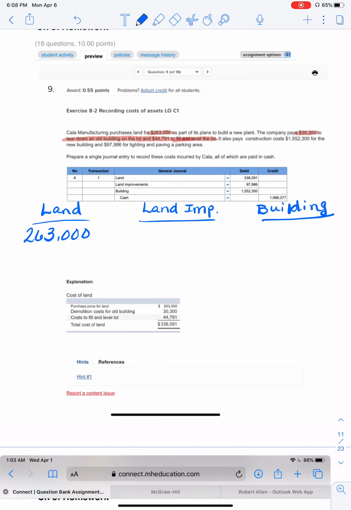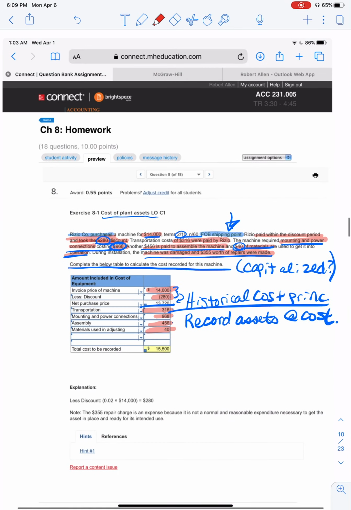Both of these expenses are also going to be sent to our land account. Okay, so we'll do that. That will bring me to a total of $338,091 for my land.